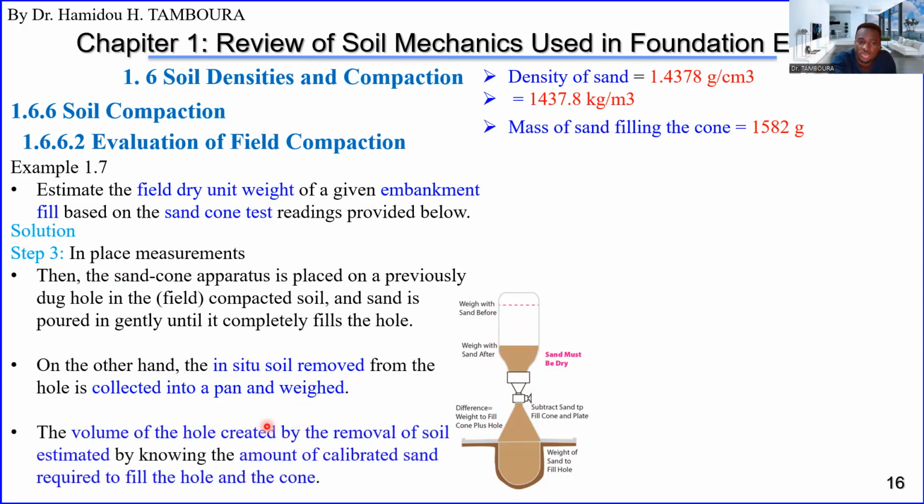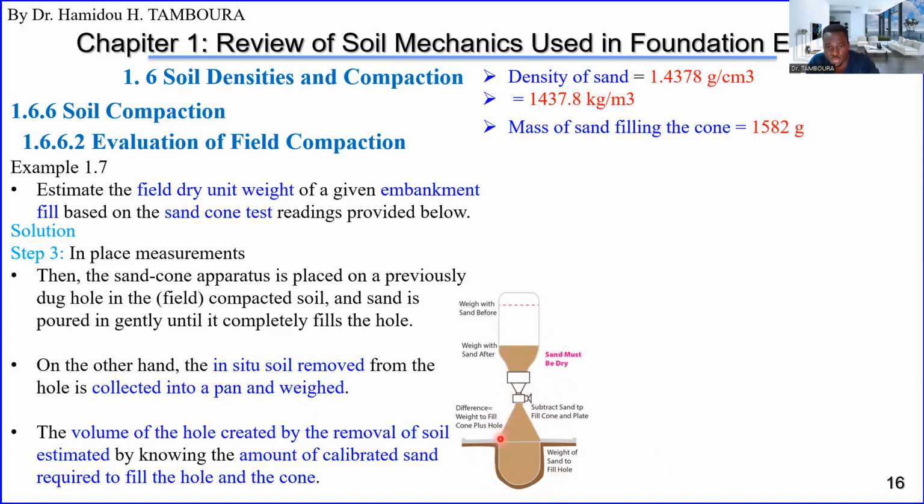So the volume of the hole created is estimated by knowing the amount of calibrated sand required to fill this hole. Okay, so after putting this apparatus on the hole, you open the van and this sand will run inside.